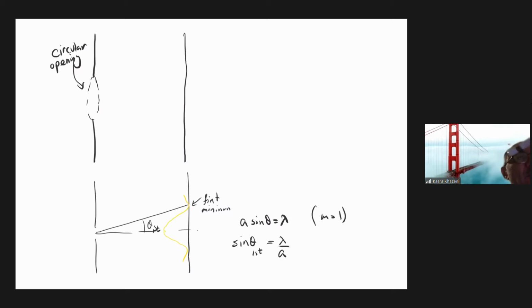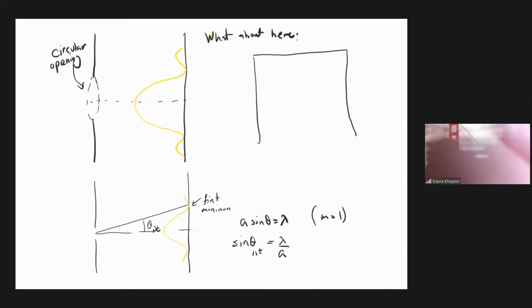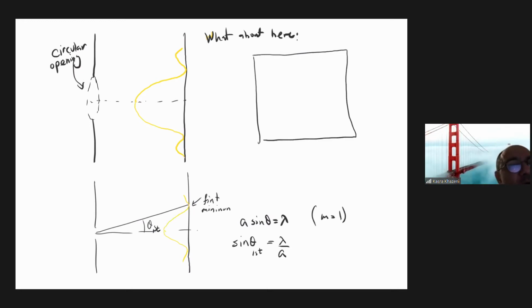Now, what happens for a circular opening? What about here? The mathematics is pretty complicated. In a circular opening, the pattern still looks very much like this. But because it's circular, the actual screen looking face on would show you a main circular spot.